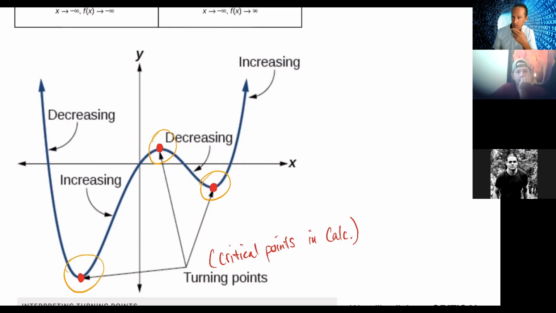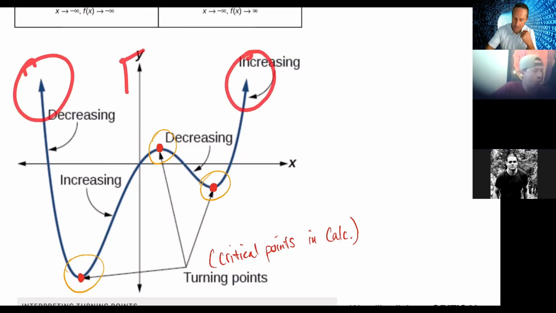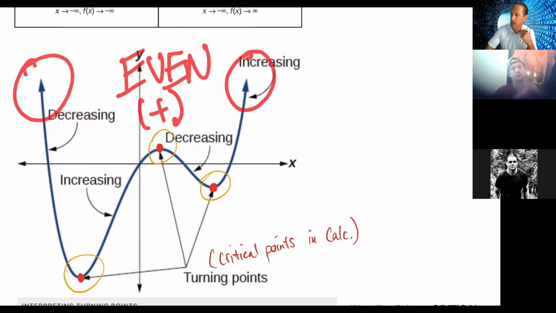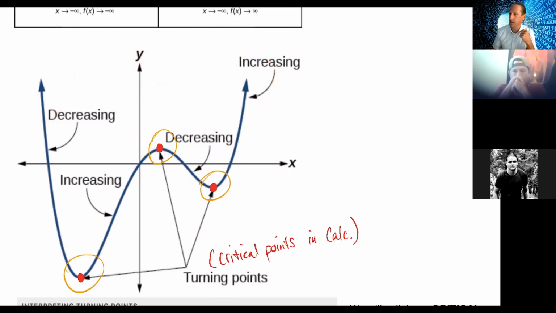So, even polynomial. Very good. Corey, you cut out there at the end. Julian helped you out with that lifeline. They are facing on the ends up, which means same direction, even, and it's going to be positive at the beginning because they're up. Very good.